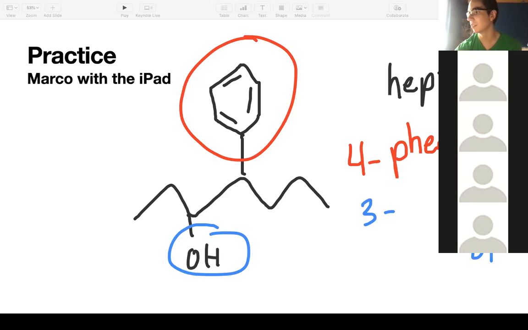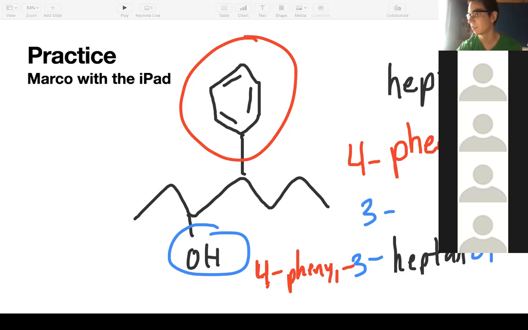Fill in the rest of this, heptan, put our 3 over here, and then add our 4. There we go. 4-phenyl-3-heptanol.